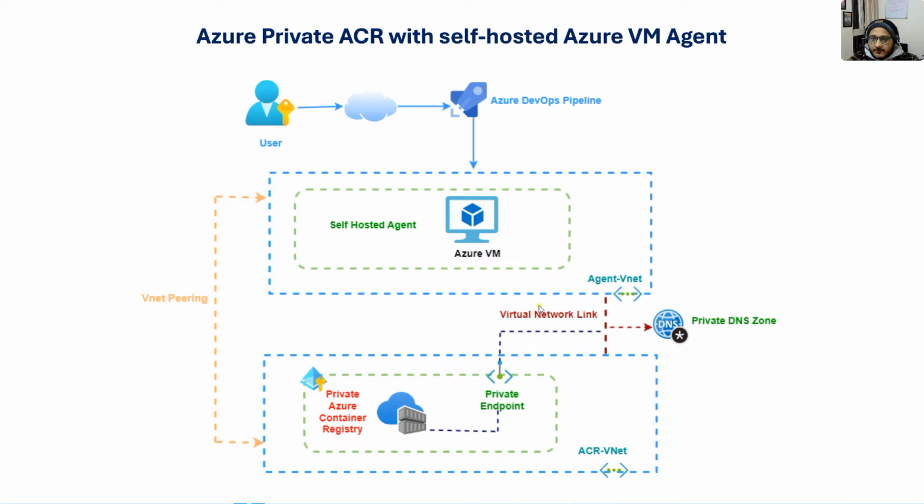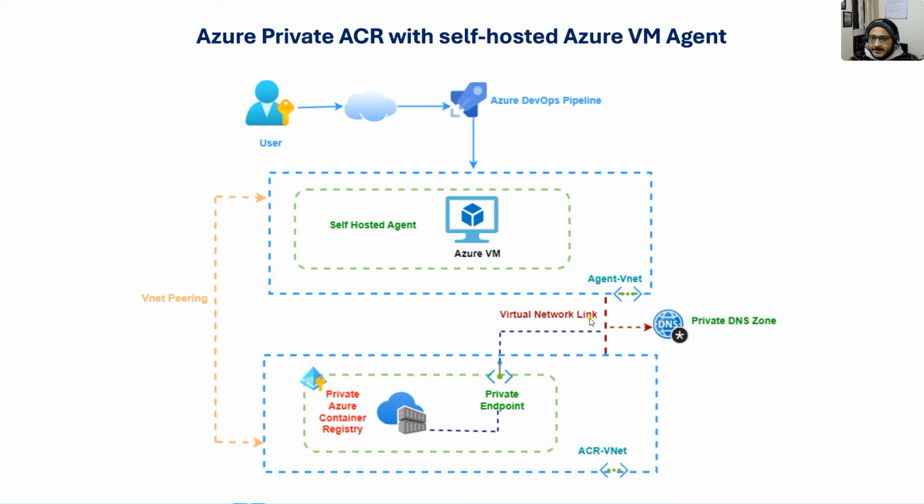So for that, we have to create a virtual network link from this VNet to this private DNS zone. In this case, two virtual network links will be created.